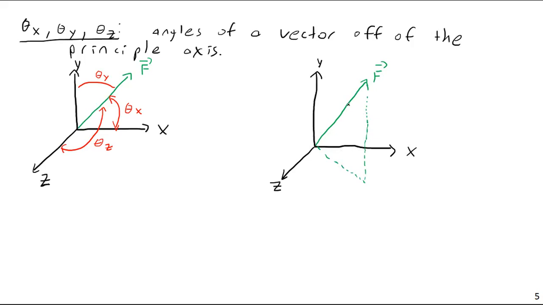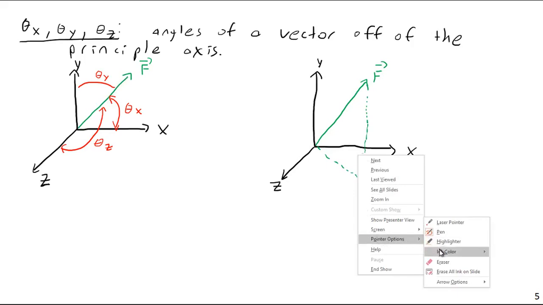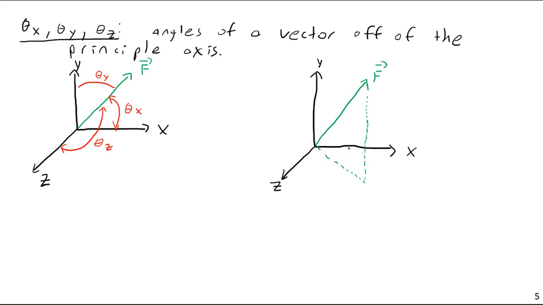Theta x is the angle, again, all the way through space from the force F directly to the axis. This is what I might call theta xz, or you can call it other names as well. This would be something like theta xz, the angle of the projection of the vector in the xz plane. So do keep that in mind.